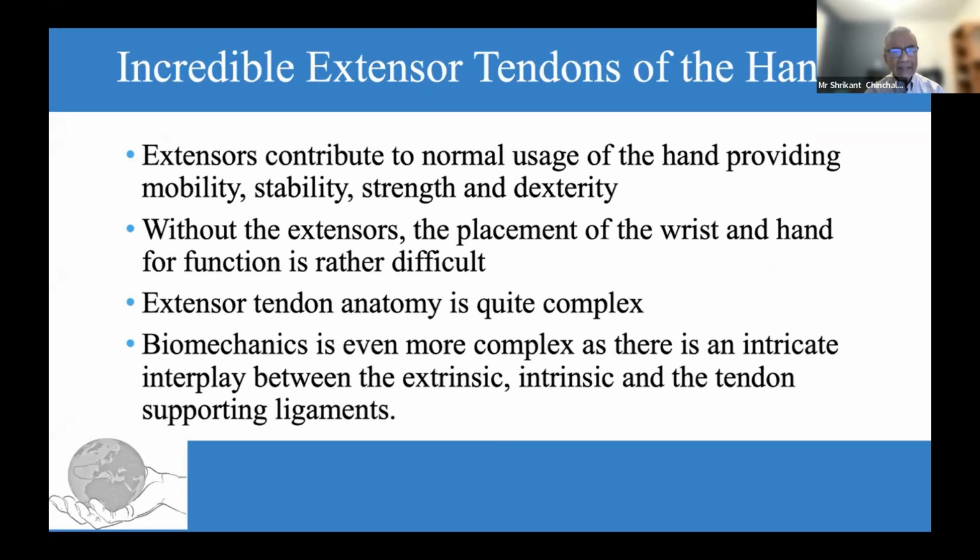It's very complex because there is a very intricate interplay between extrinsic and intrinsic, and also the tendon supporting ligaments such as the oblique retinacular ligament, transverse retinacular ligament, triangular ligament, sagittal bands, and so on, because they allow an appropriate amount of slippage and motion in order for the hand to function very precisely.